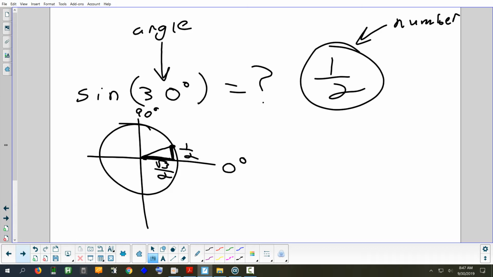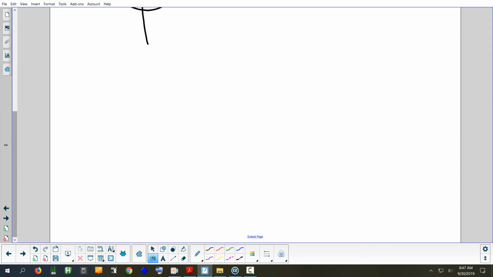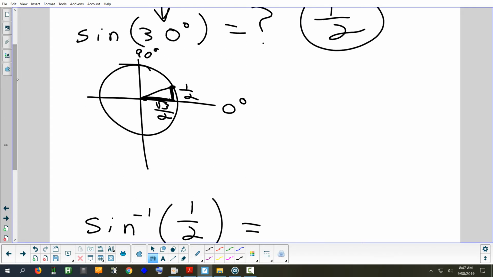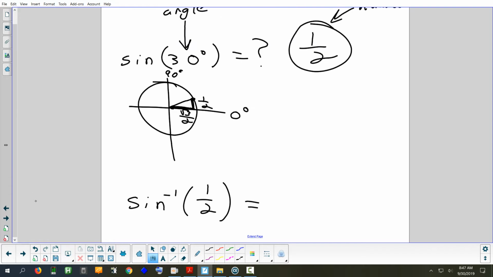So that's last week. This week, the problem would look something like this: the inverse sine of 1/2. So you can see the difference. Regular sine, inverse sine. This right here is just a number.